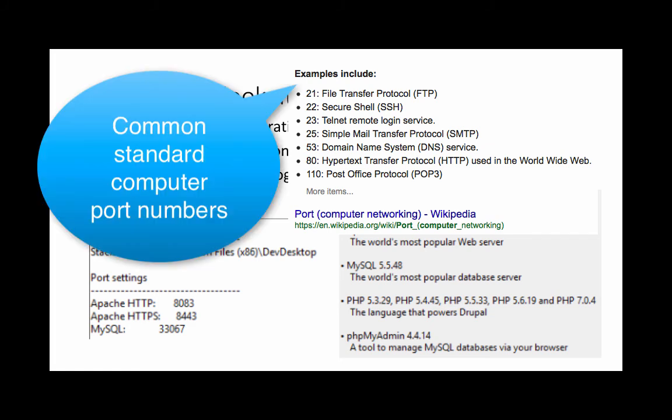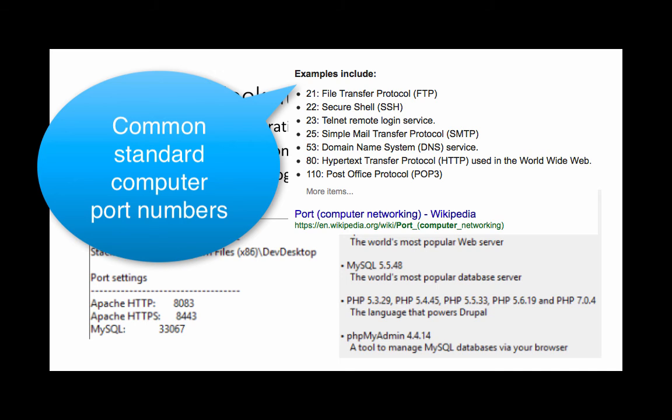They are pretty much standardized. Port 80 is the World Wide Web. So on a local development machine, sometimes you'll see port 8083 or 8080 or 8085, or various variations of that. And what's happening there is that it's making a port that is traceable to World Wide Web but private.